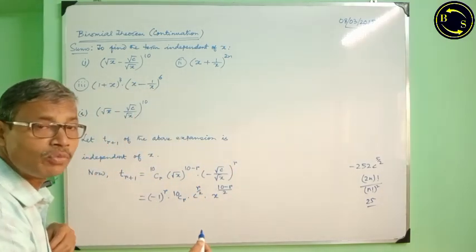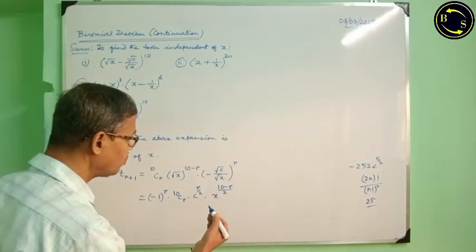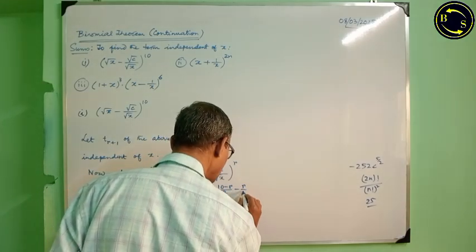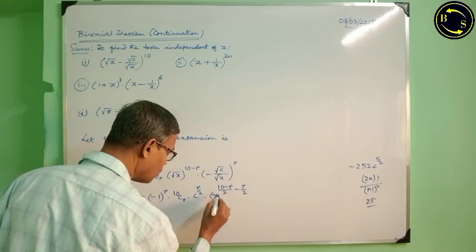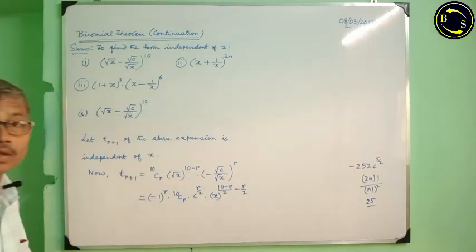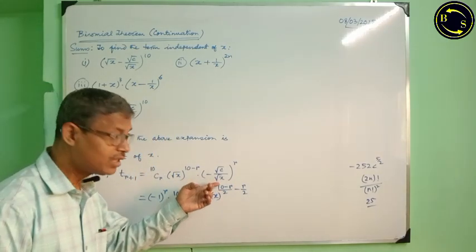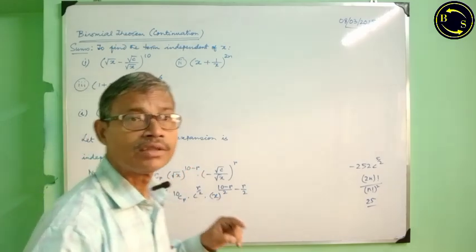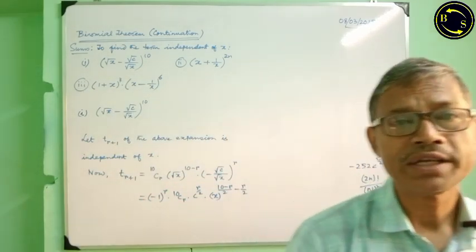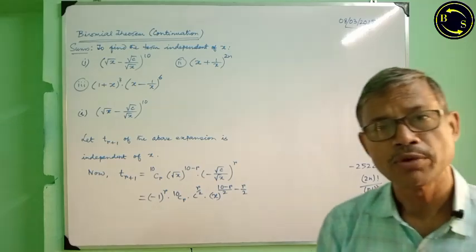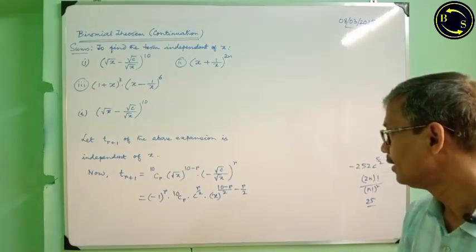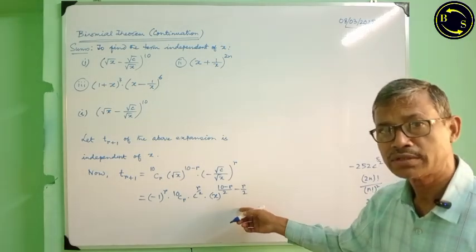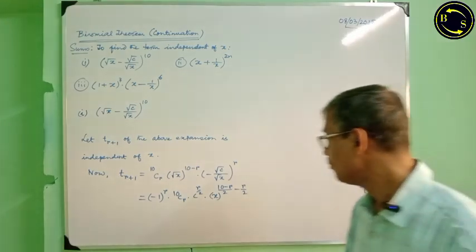Root x is at the denominator, therefore x to the power r by 2. Note this. x is placed at the denominator, therefore we apply here the formula a to the power m divided by a to the power n is equal to a to the power m minus n. After simplification, we get this r plus 1th term, this one.